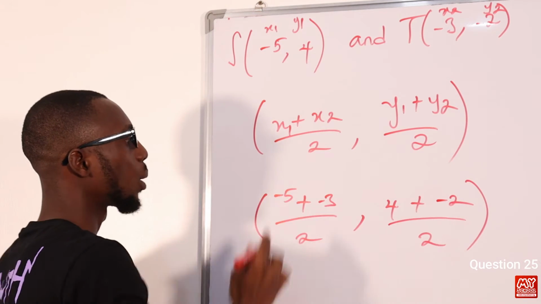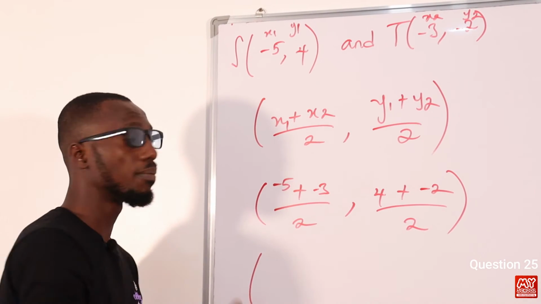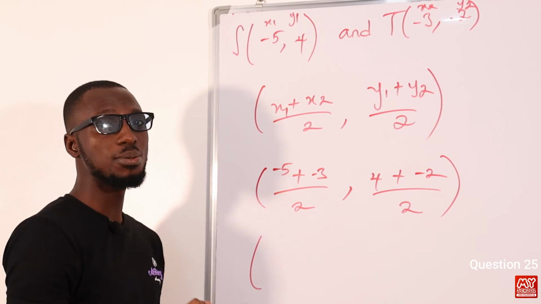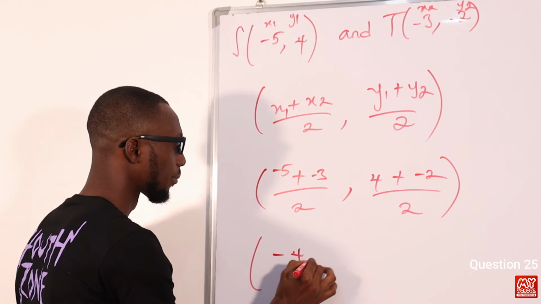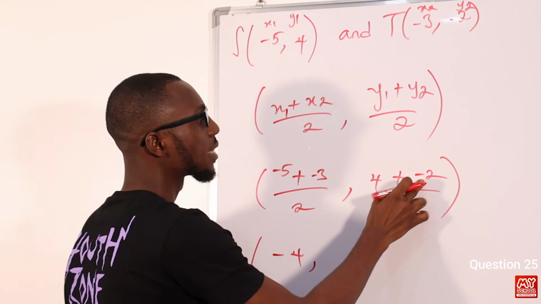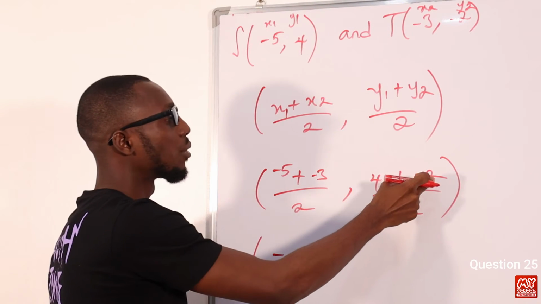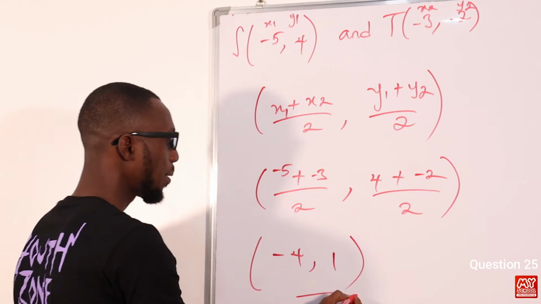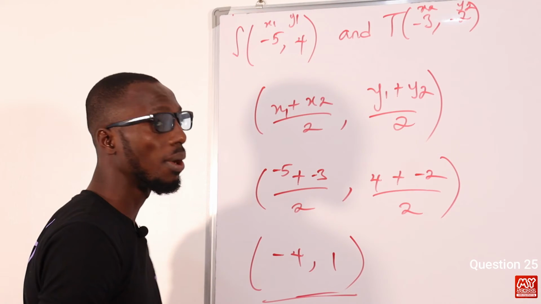Okay, minus 5 plus times minus is minus. So minus 5 minus 3, that is minus 8. Minus 8 divided by 2, that is minus 4. Right? So we have plus times minus, that is minus. 4 minus 2, that is 2. 2 divided by 2, that is 1. So the midpoint we are looking for is -4 and 1.